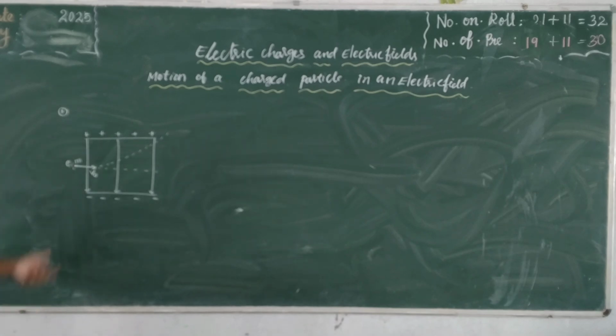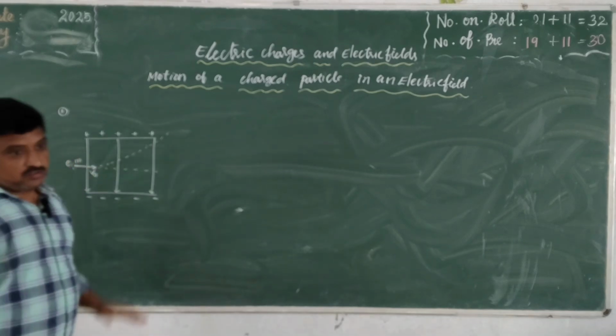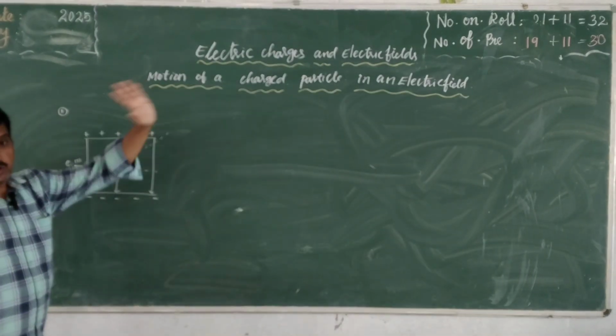Here the electron is placed in between these charges, that is, in the electric field, moving in the electric field. In that case it is deflected towards the positive charge.